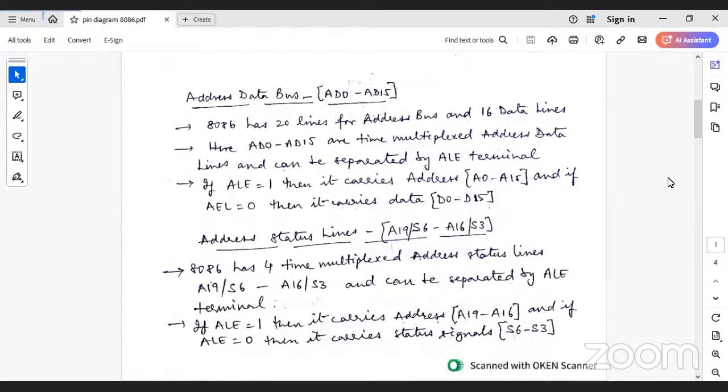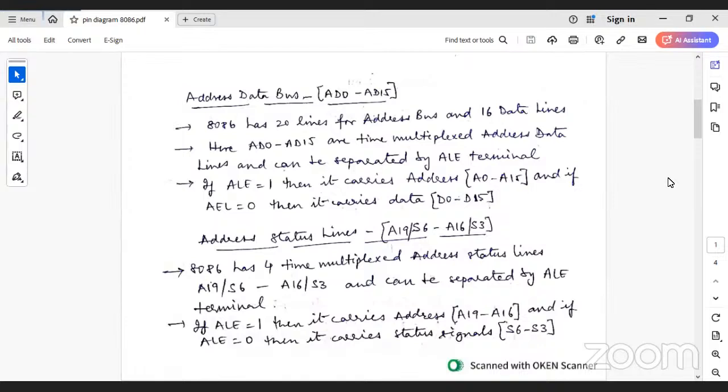One is to do with the address line, and the other one is to do with the status line. So you are having four again time multiplexed address status lines. The four address status lines are denoted as A19/S6, A16/S3. And it can again be separated by your address latch enable terminal.